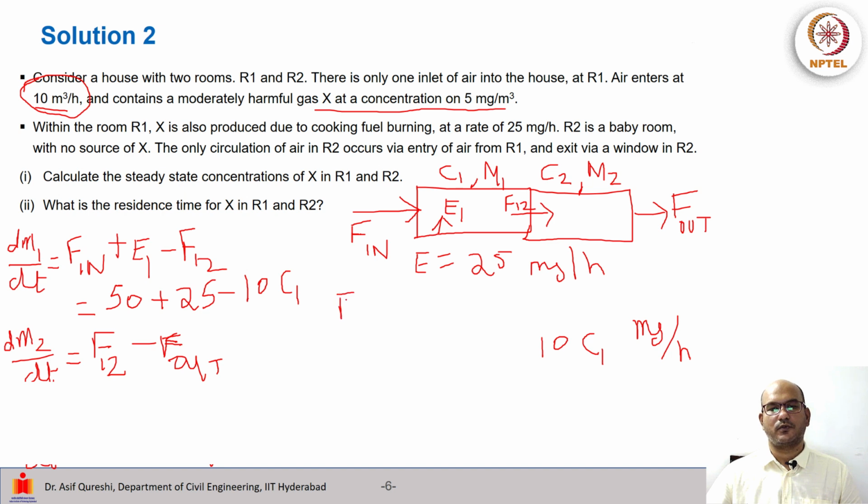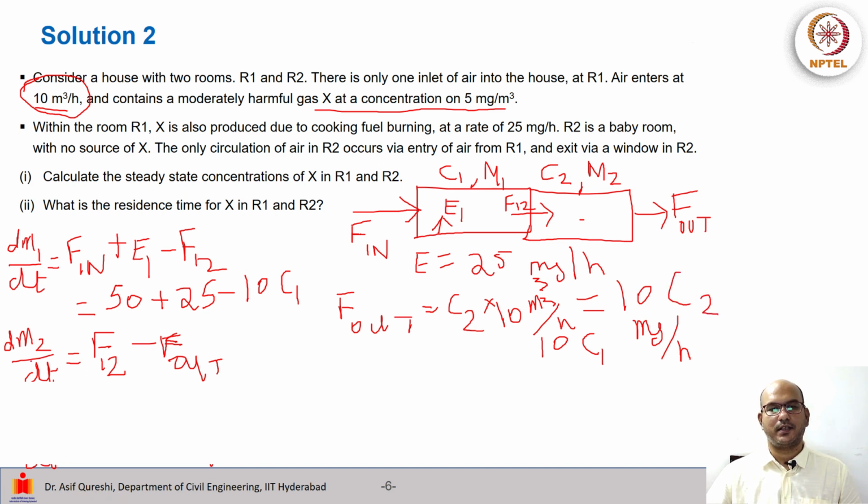Okay, so F out is C2, the concentration in room 2, multiplied by 10 meter cube per hour, which is the airflow going through the house. So this is again equal to 10 C2.